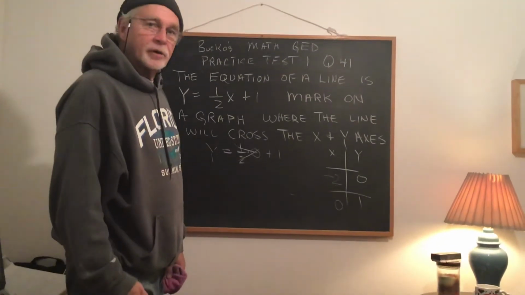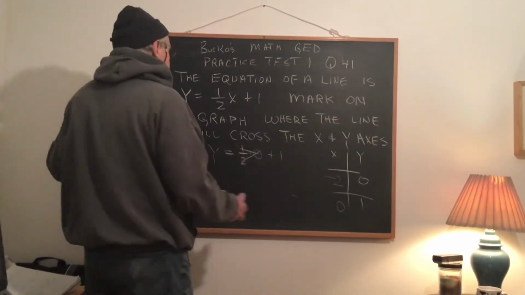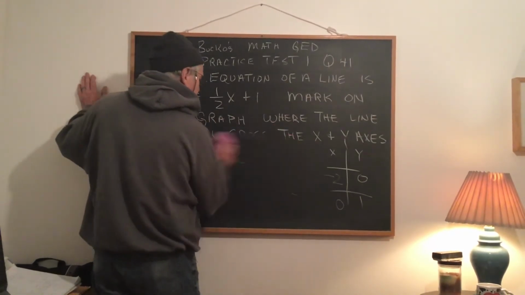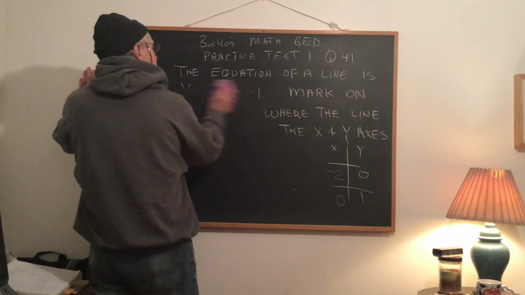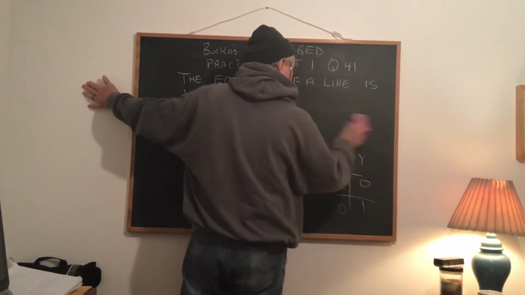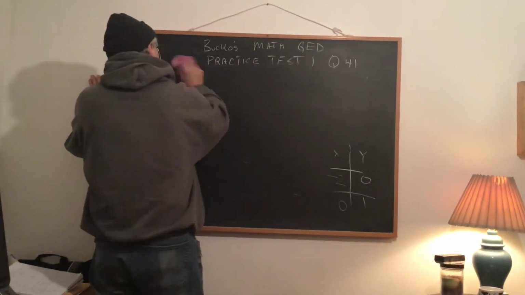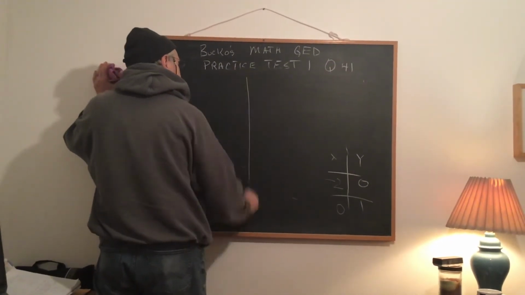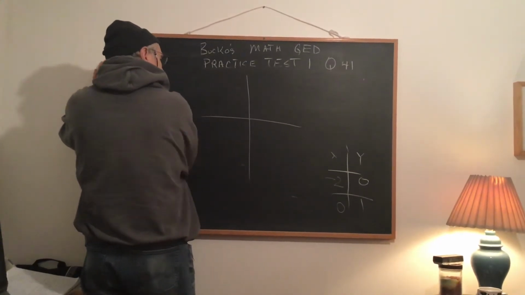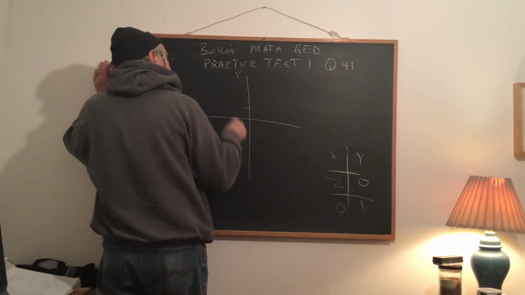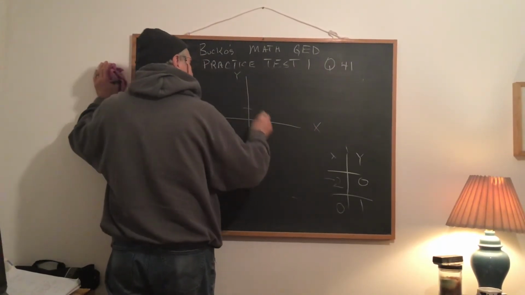Now we got to put it on a graph. That's all we got to do, is put these guys on a graph, and it will show us a line. We got 2 points, which will give us a line. So I am building us a little graph. Here's your y value, and here's your x value.